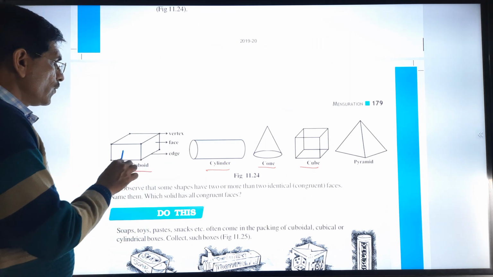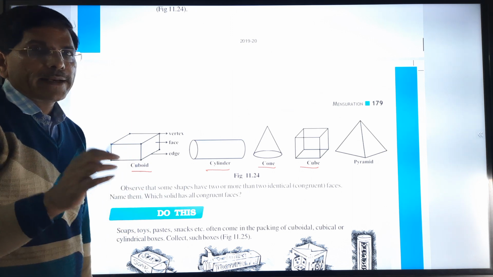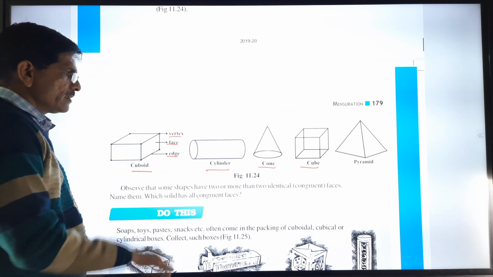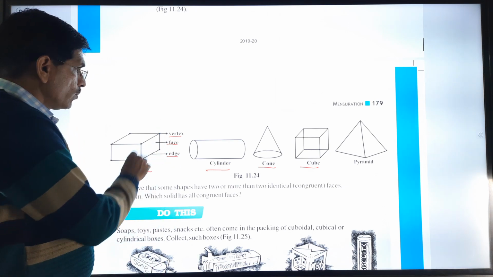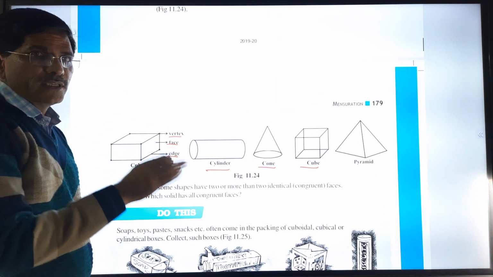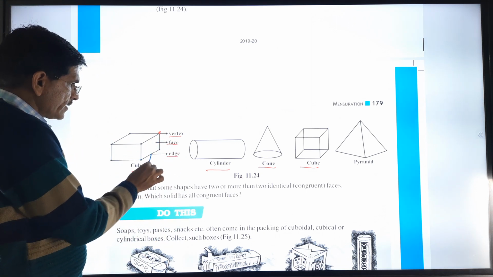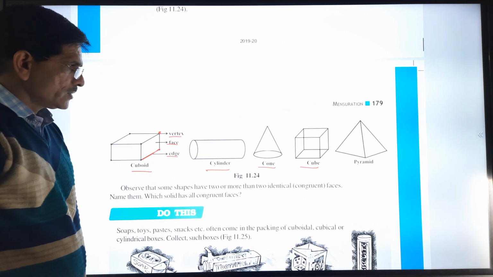You will see that when it is 3-dimensional, there is a vertex, face, and edge. So here it is called vertex, here it is called face, and here it is called edge.